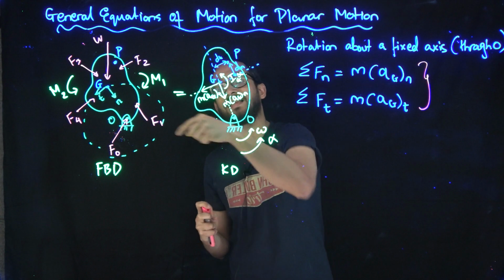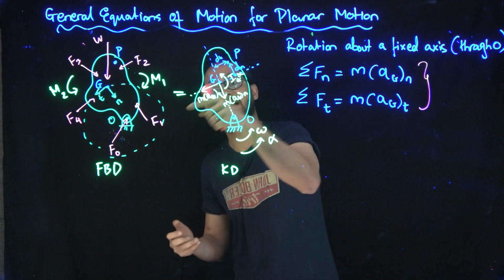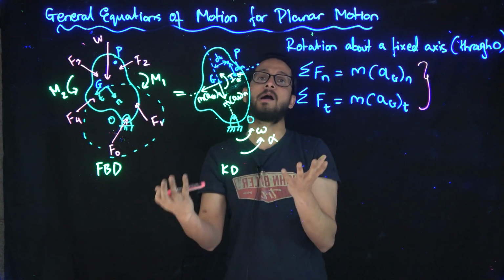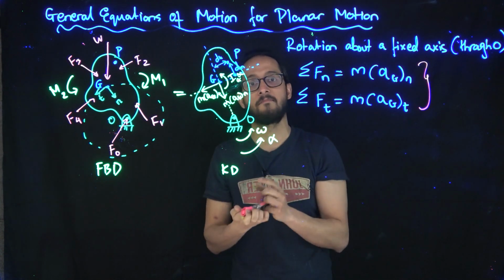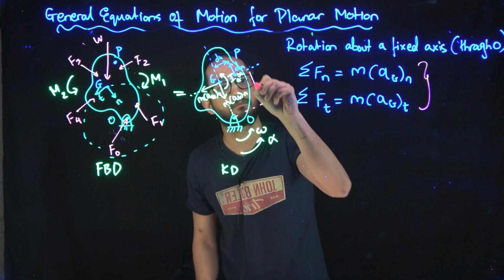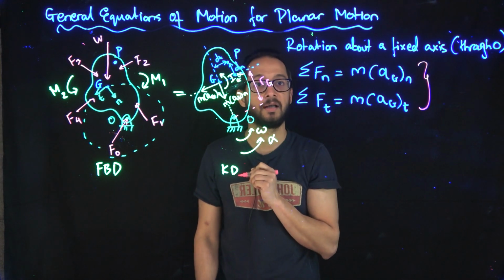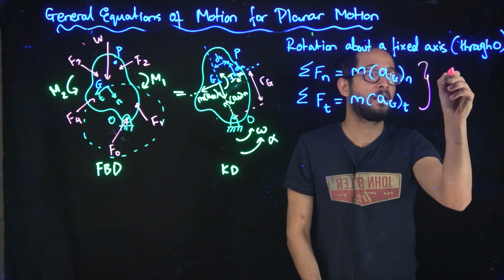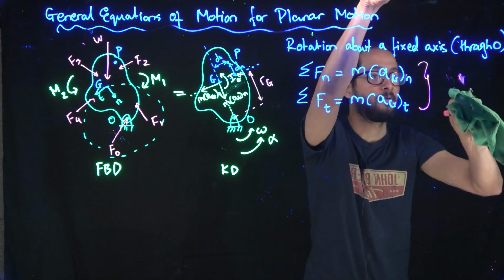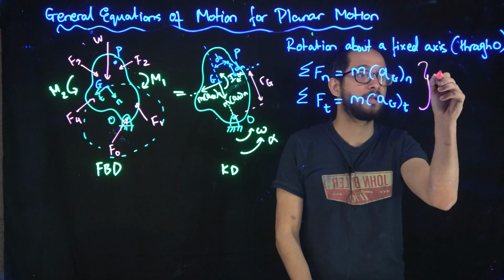And then you've got the alpha r term, so that's alpha crossed with r, which gives you the acceleration in the tangential direction. When we're looking at planar problems, you can simplify the math. If this distance is defined to be r_G like that, you can write a_G as scalar terms, not vector terms. Although you can do the vector math too, you can write the scalar terms.